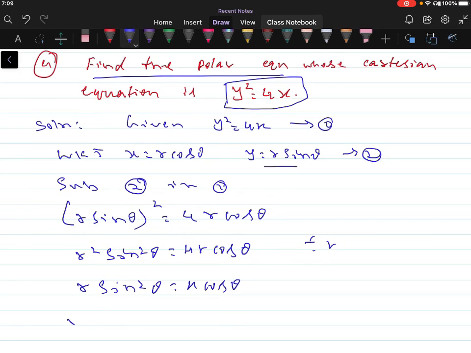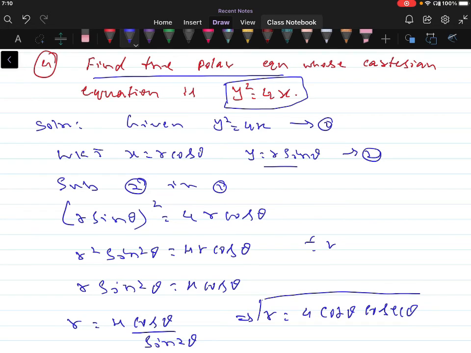So this implies r is equal to 4 cos theta by sin square theta. This implies r is equal to 4 times cos by sin, which is cot theta, into 1 by sin theta, that is cosecant theta. So this is the required polar curve.